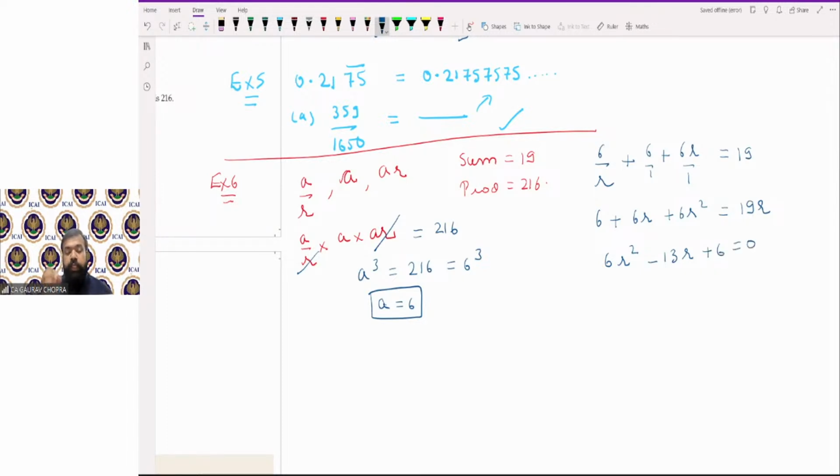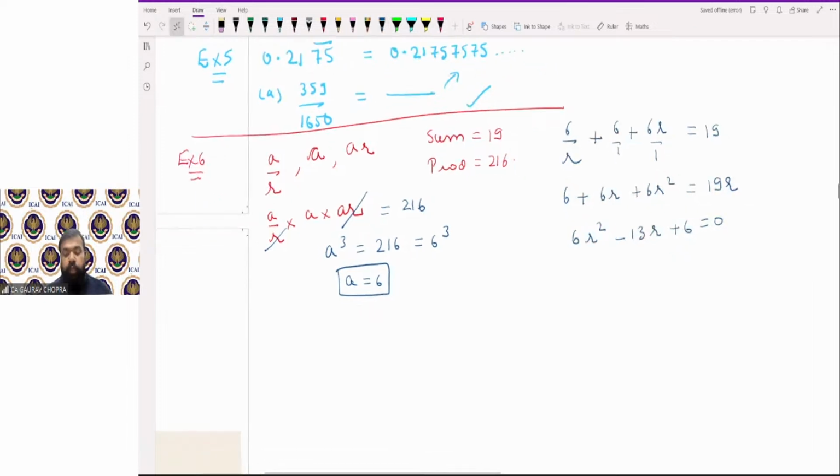Now let's split them and solve. So 6 into 6 is 36. 36 को आपको split करना है, तो कैसे split करेंगे? 4 into 9 is 36. So 4r, 9r plus 6. So what is common? 2r is common. So 3r minus 2. Then minus 3 is common.